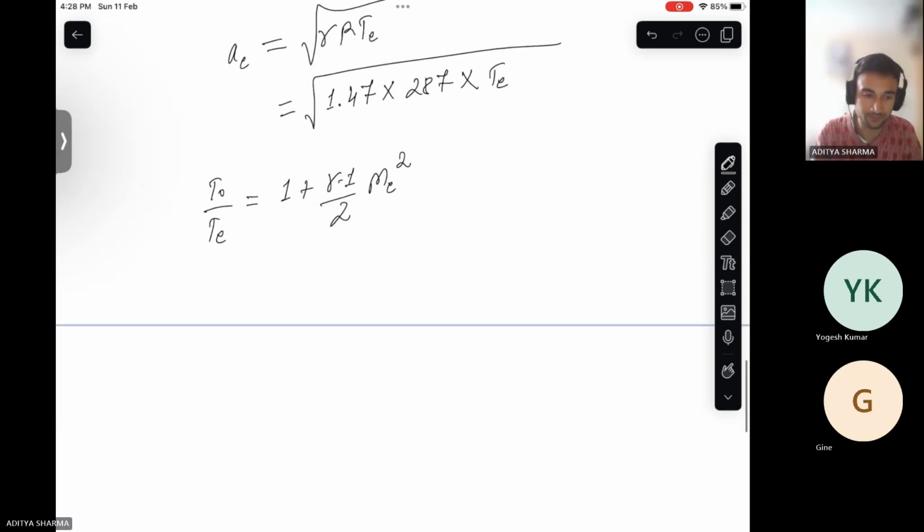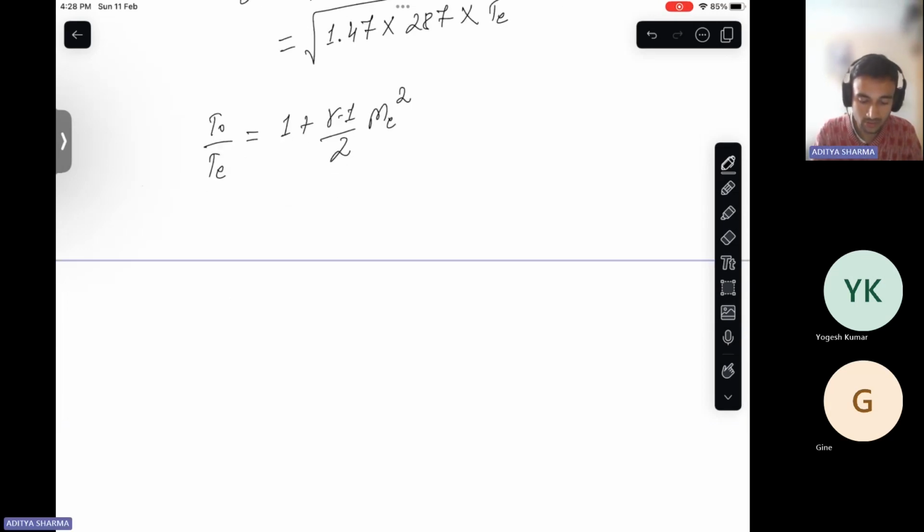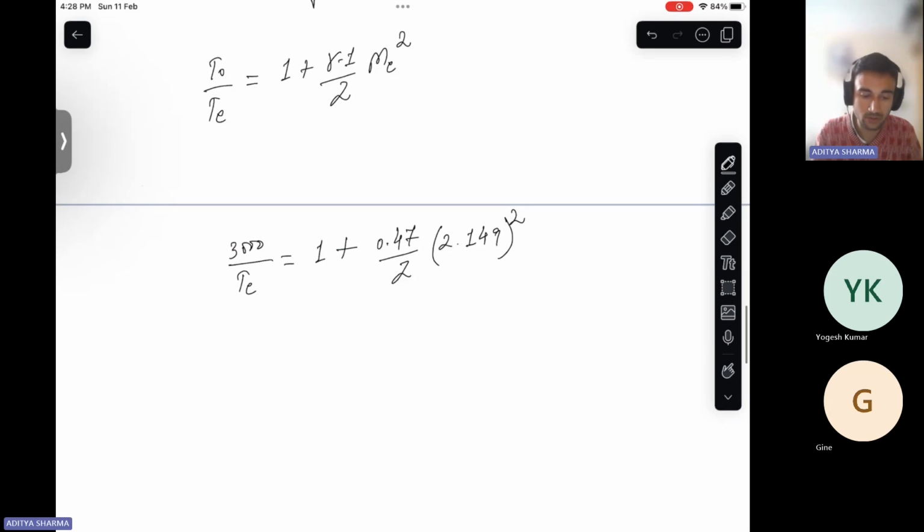So 3000 divided by TE equals 1 plus 0.47 divided by 2 Me square, and Me from the previous question is 2.149. That implies 3000 by TE is equal to, yes, calculate this.